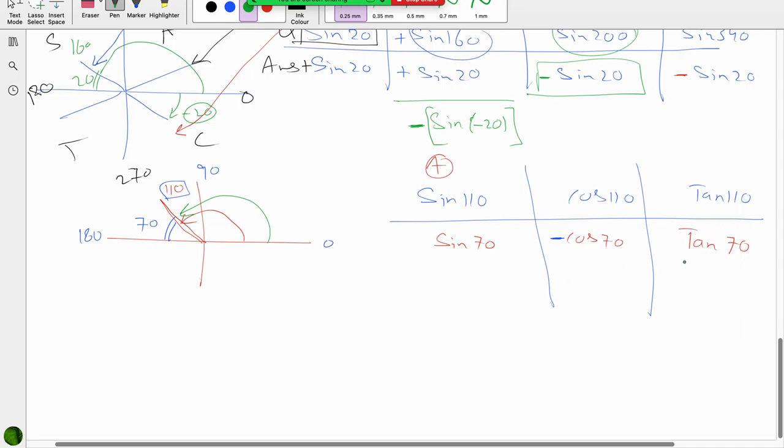Negative. And tan 70? And tan 70 is? So they're different, right? Tan 110, when you put it in calculator, you get a negative answer. But when you plug in tan 70, you get a positive answer. So you need to put a negative sign here. One more, so that they have the exact same value.